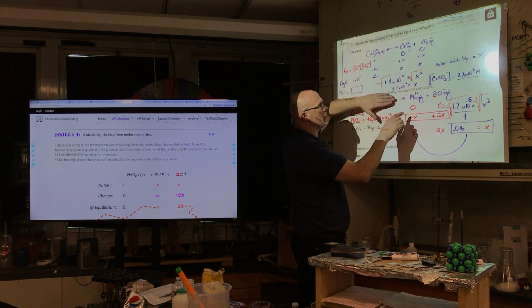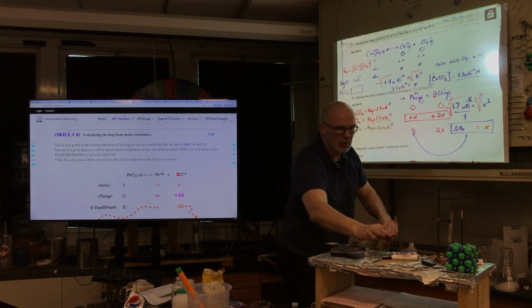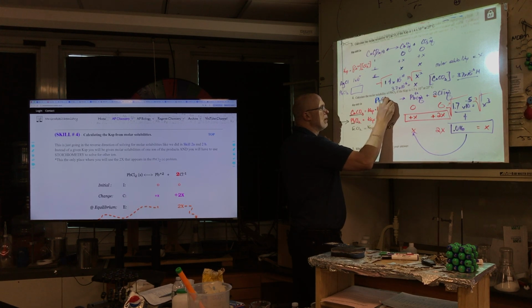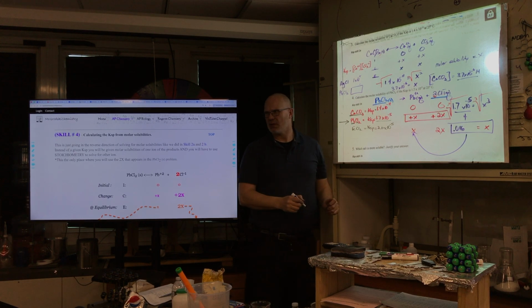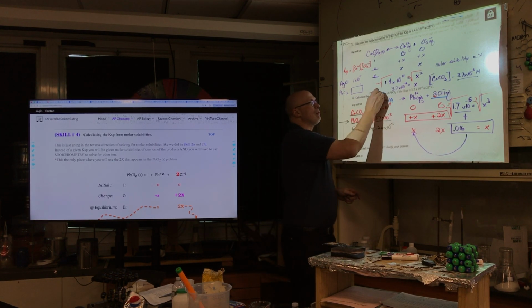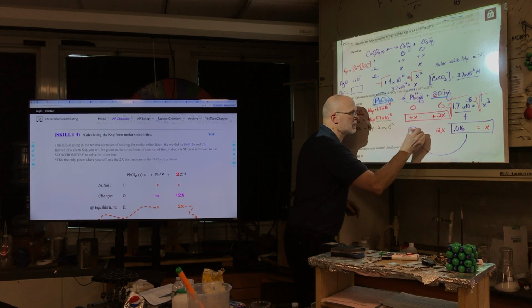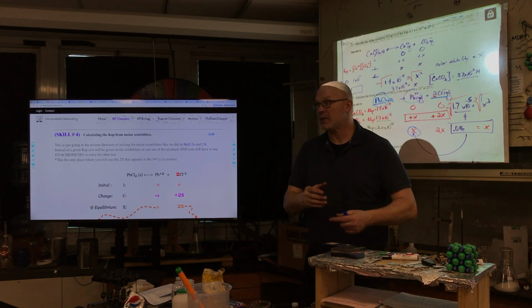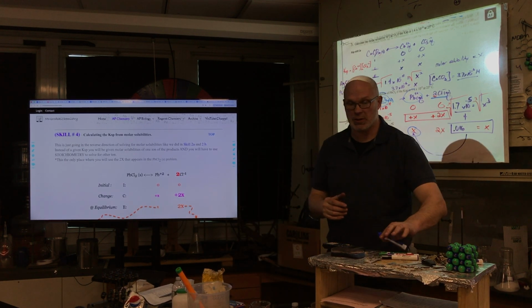In this case, we had lead 2 chloride. One of these makes 2 of these. So 2 times the x is not the molar solubility. In one of these, you make one of these, that's the molar solubility, how much it comes across. That's all it means. So I always say solve for the x, and that's your molar solubility.